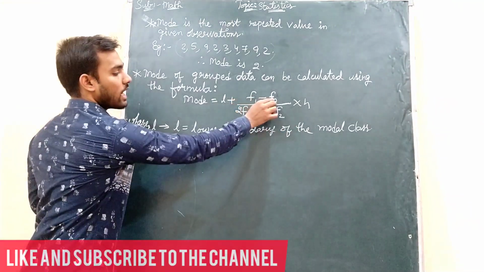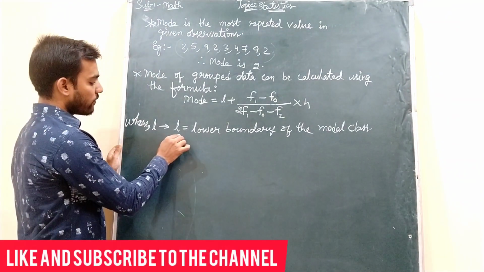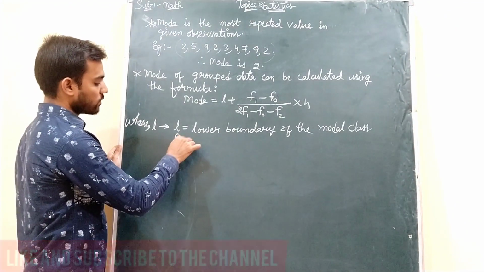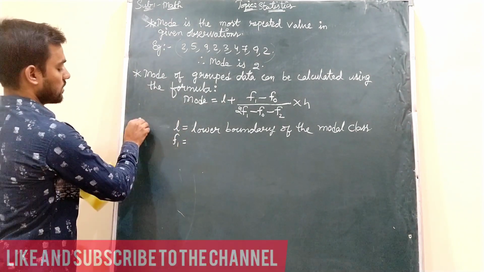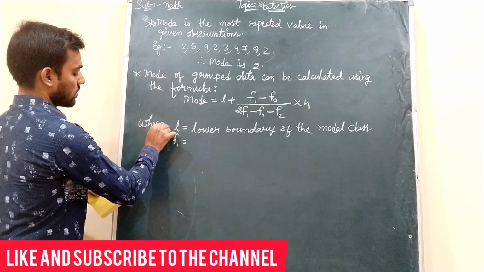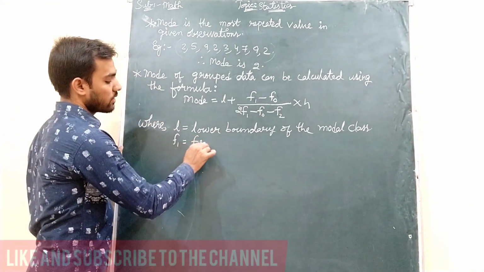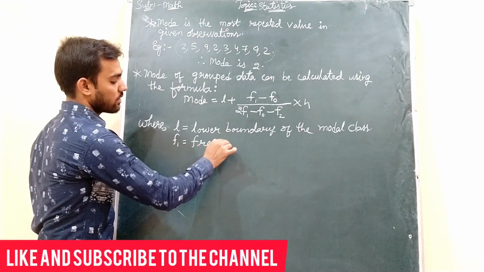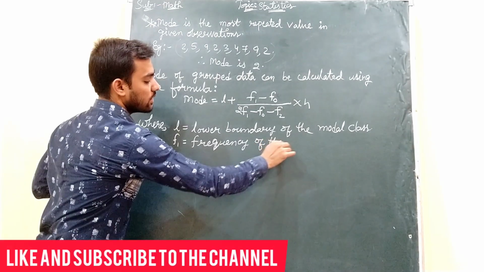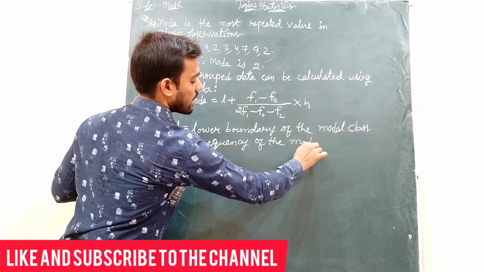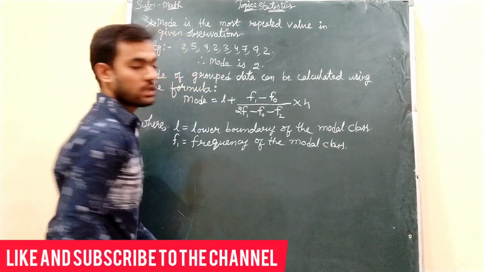Now F1, F0, F2, there are 3 F values, right? So F1 equals the frequency of the same modal class. Easy, students.